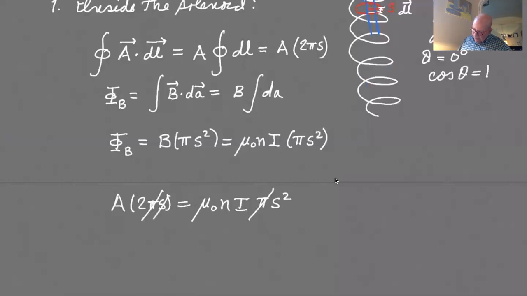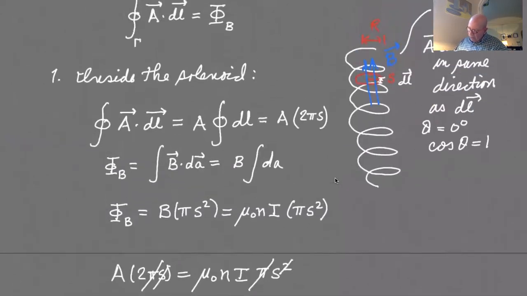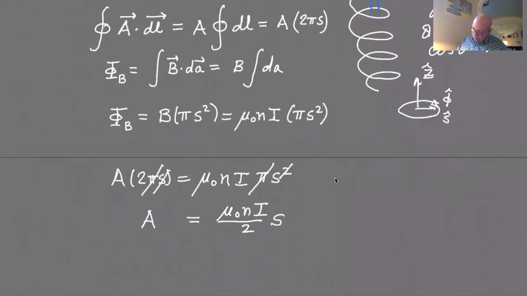The pi's cancel, and one of the S goes with one of these, and we're left with the vector potential A equal to mu naught N I over 2 S. If we select cylindrical coordinates, with z caret, phi caret around the circular path, and s caret along the radial direction, then in full vector designation this is mu sub 0 n I over 2s phi caret, for s less than or equal to R.